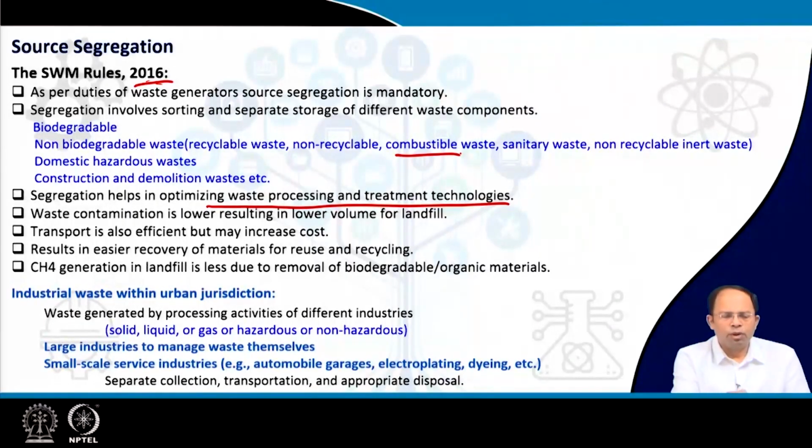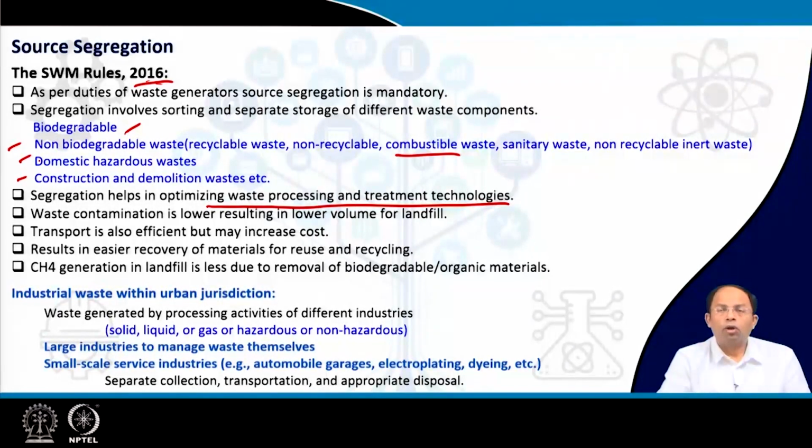As per the MSW rules, we are supposed to divide our waste stream into biodegradable waste and non-biodegradable waste. Sometimes biodegradable waste is called wet waste because there is a lot of moisture in it. Non-biodegradable waste is called dry waste because usually there is no moisture, but sometimes there can be. Then comes domestic hazardous waste, which we defined earlier, and construction and demolition waste.